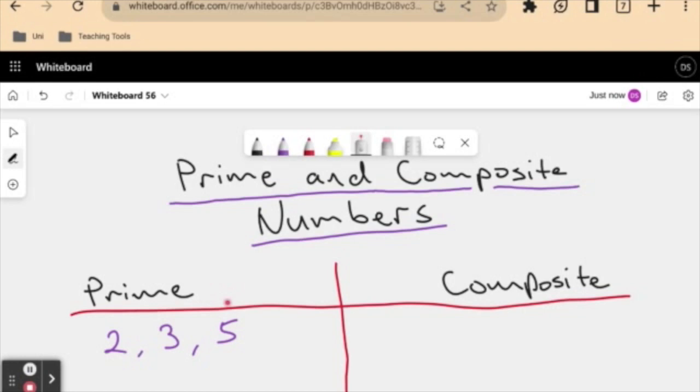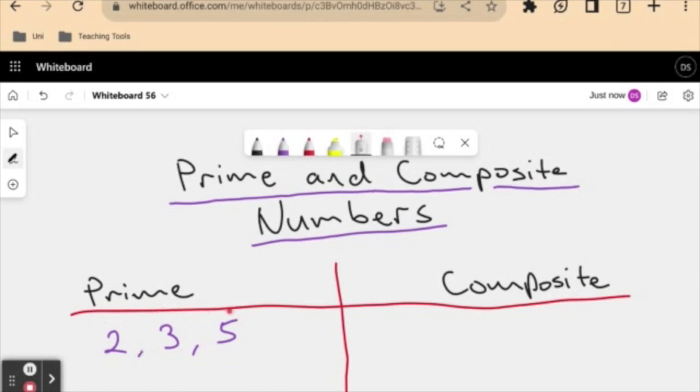We can think of it as giving an identity to that number. In the same way, we can get down to the number 1 by dividing any number by itself. So here we're not going to think of 1 so much as a prime number. We're going to think of it as its own unique thing, kind of like the number 0. The commonality between these three numbers is that the only factors they have are 1 and themselves: 1 and 2, 1 and 3, 1 and 5.